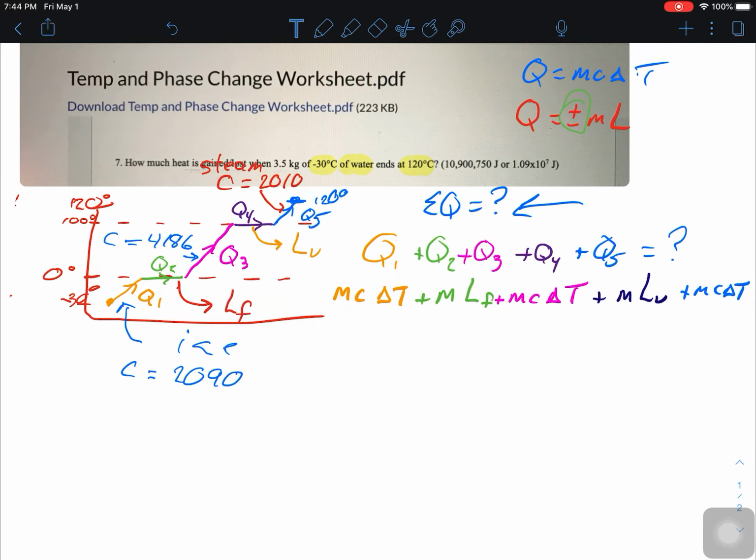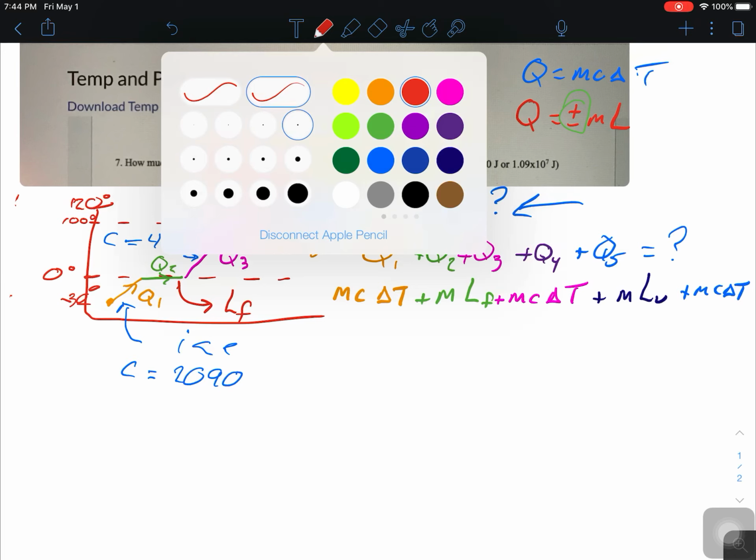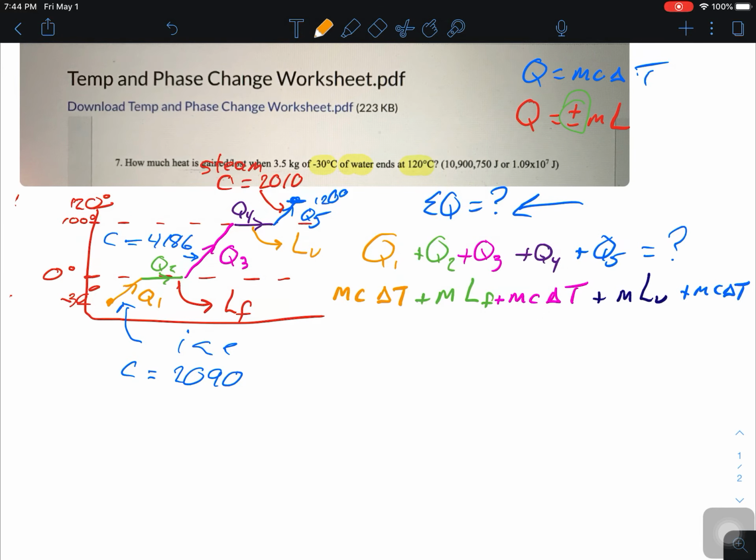So when we start plugging in values, my mass is 3.5 times the specific heat. And this for Q1 is ice, so it's 2090 times my change in temperature. Now you got to keep in mind the final temperature of your frozen water is 0.